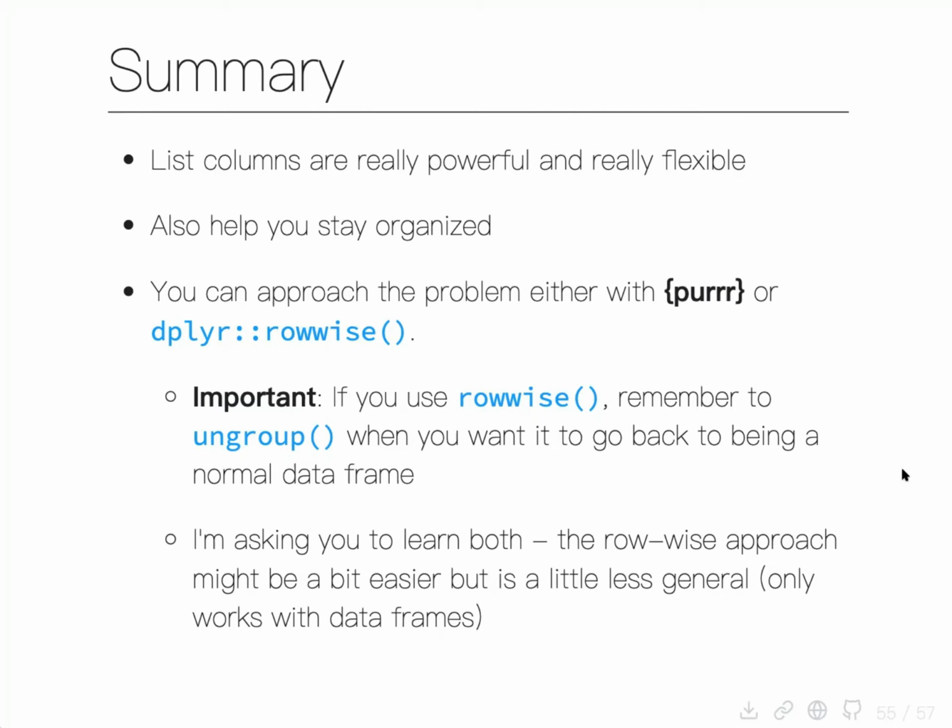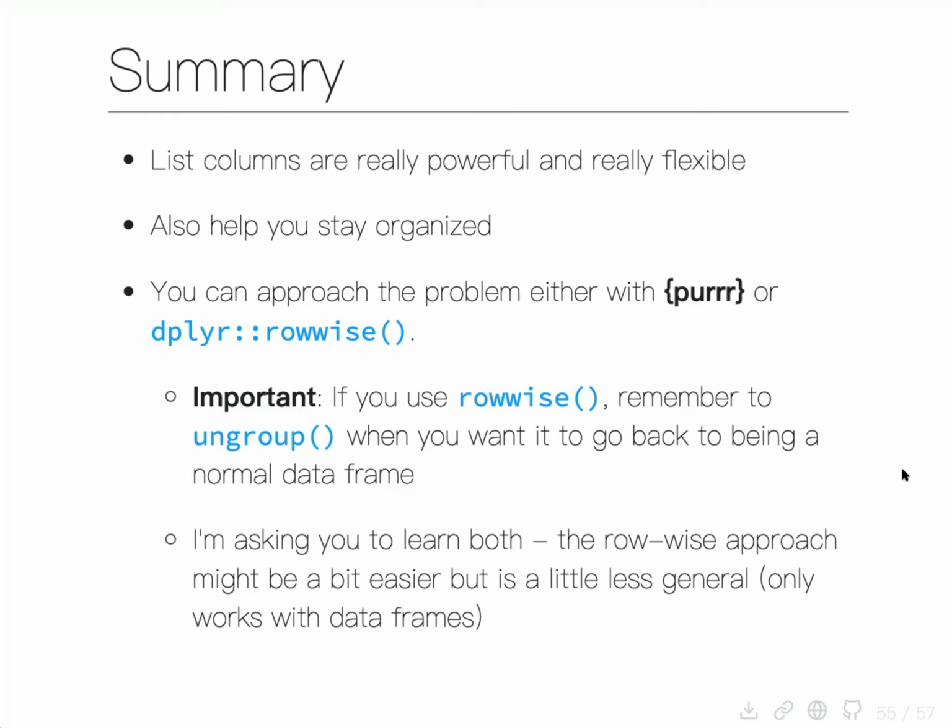Otherwise, it's going to continue to operate in that row-wise way that you probably don't want, okay? And again, as I said before, row-wise really is equivalent to grouping the data frame using group by, but for every row. Each row is its own group, okay?